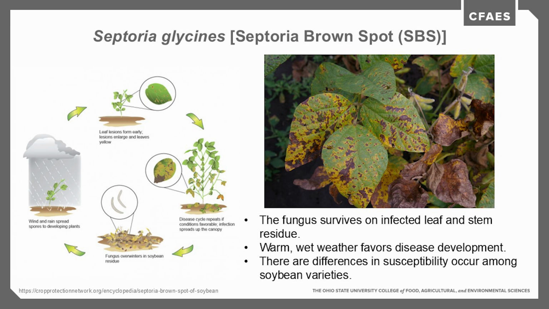Septoria brown spot is one that we see most of the time. Normally it remains in the lower canopy, a fungus that really thrives on those senescent leaves, the lower ones, but can migrate upwards onto healthier tissue. A lot of severe Septoria brown spot can be observed in very susceptible cultivars.